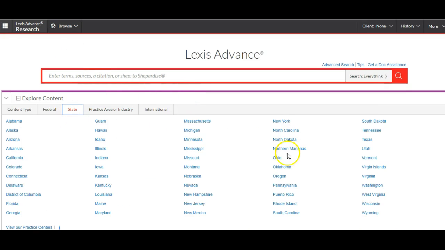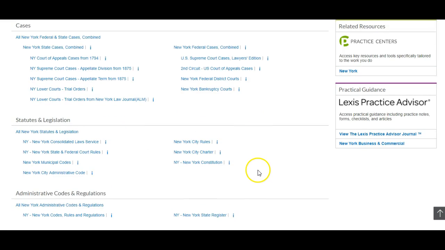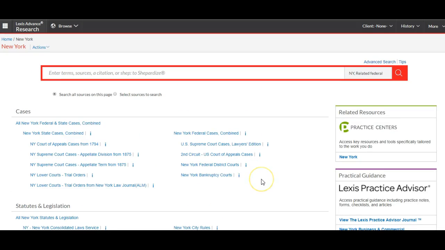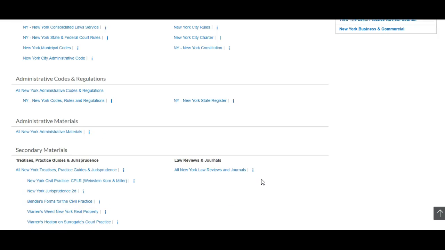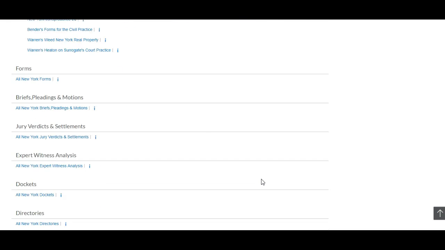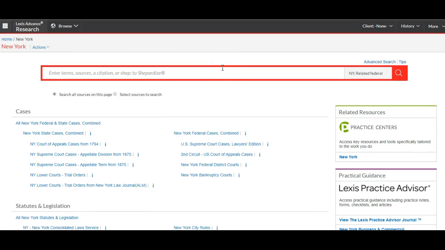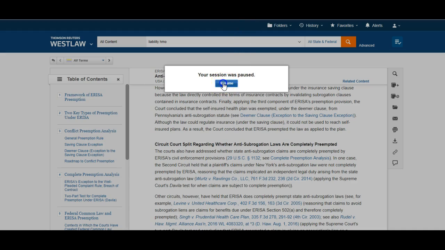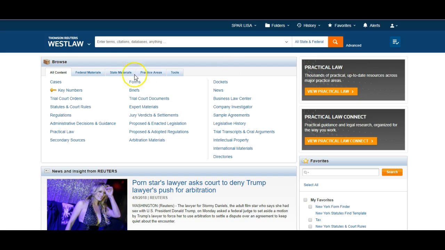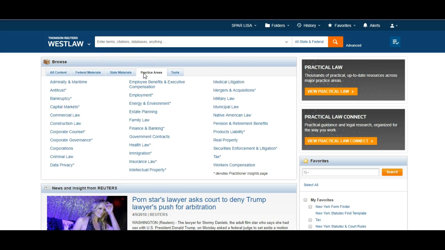Or you can go, again, jurisdiction specific if you know you have a New York issue, and then within the jurisdiction, likewise, Westlaw has the equivalent. Ooh. Oh no, that's Westlaw Connect. We don't want to go there. The equivalent on practice areas, and we already investigated the practical law.